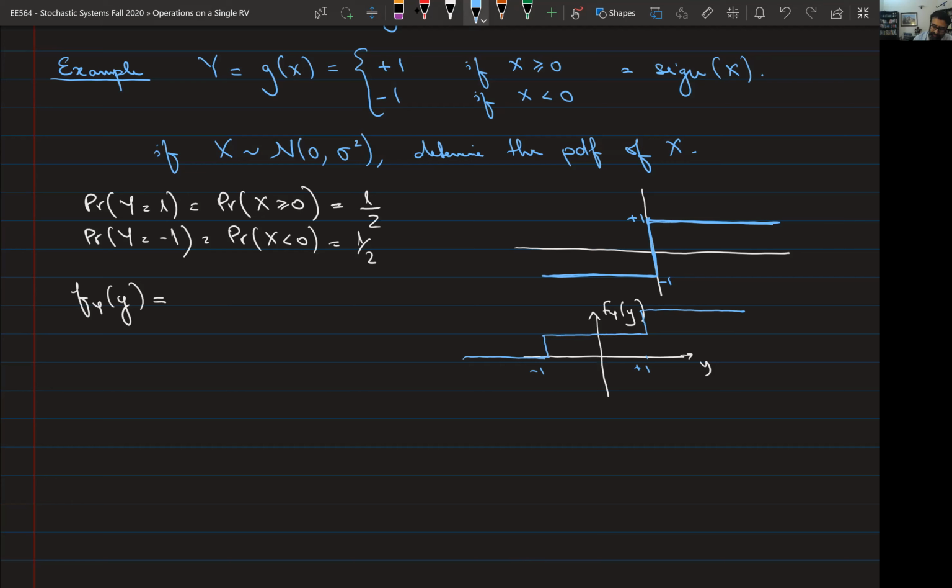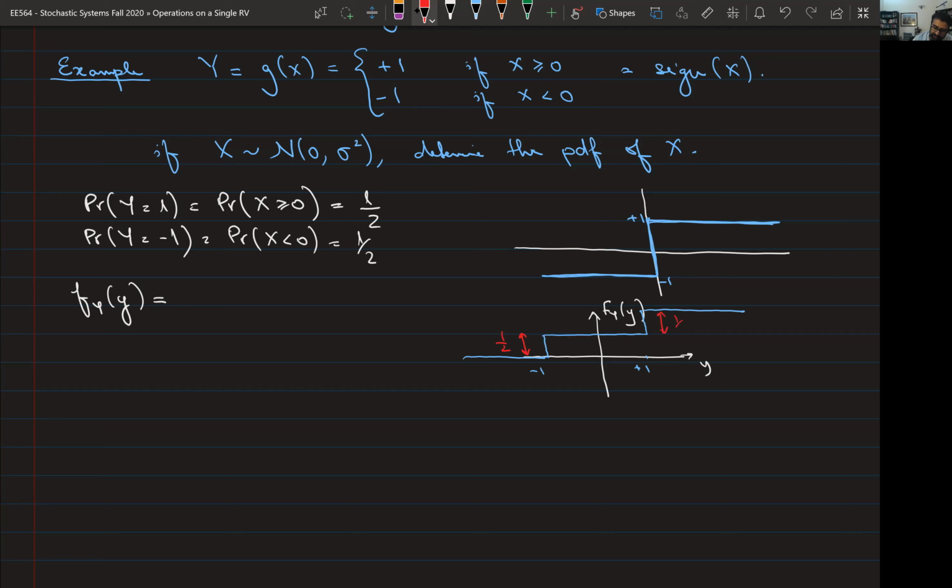So what is the derivative of this? There are going to be two impulses at exactly -1 and +1. Exactly. And what will their heights be? Half and half. Yes. So you see this height is half, and this height is half as well.